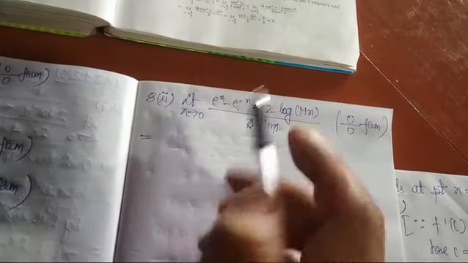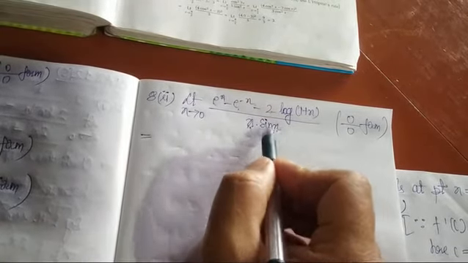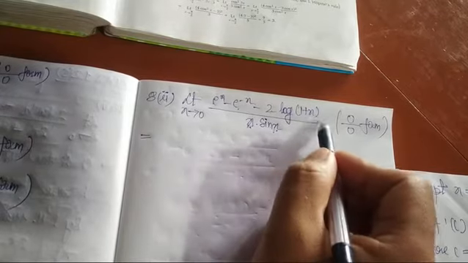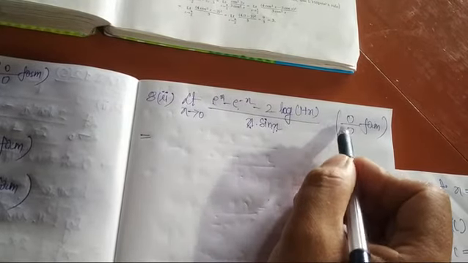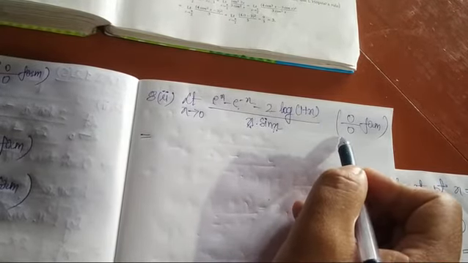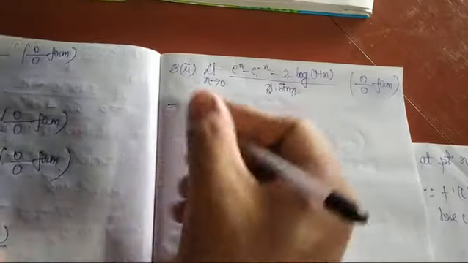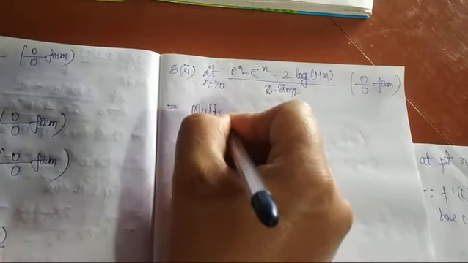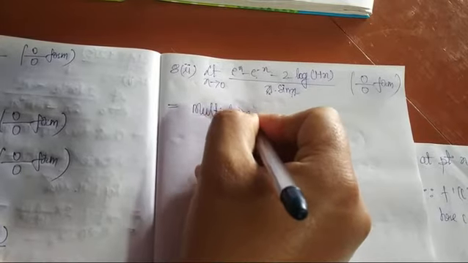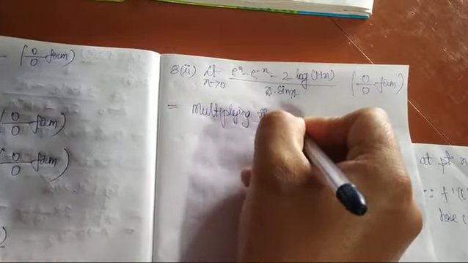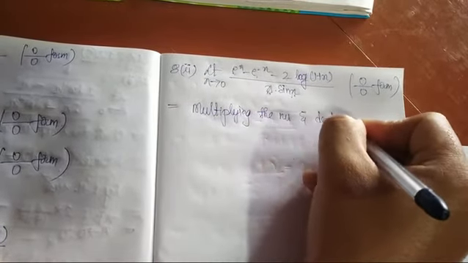In the denominator we have sin x. Now I'll multiply the numerator by x and the denominator by x as well. Let's try it quickly.